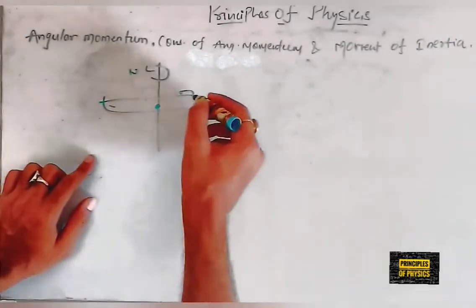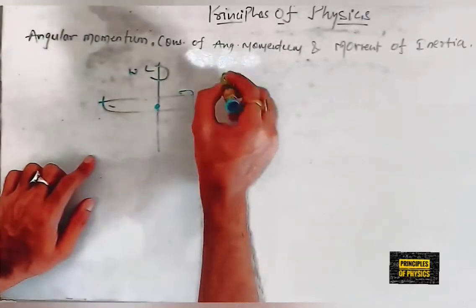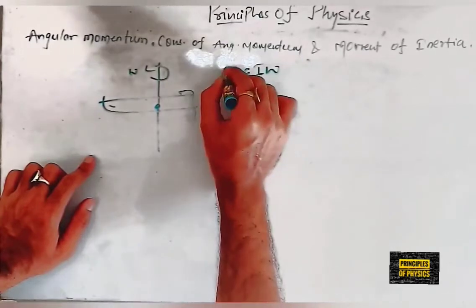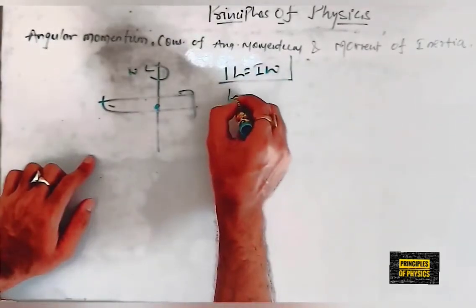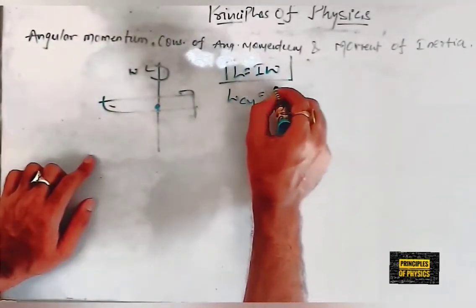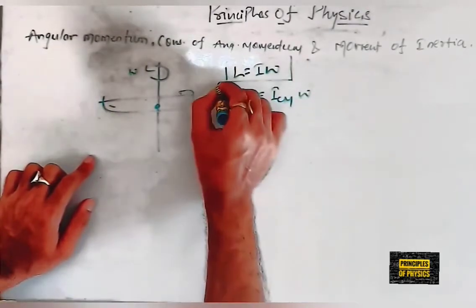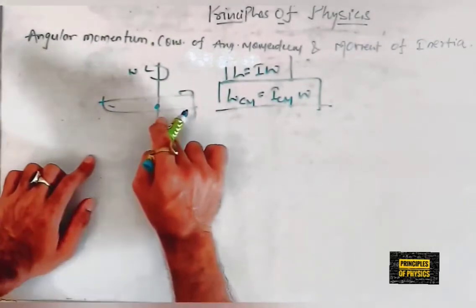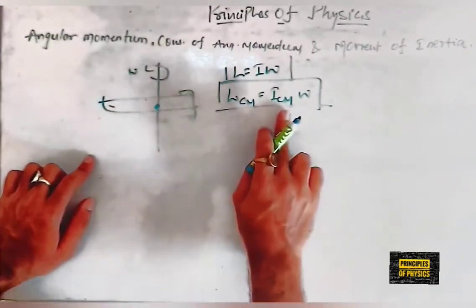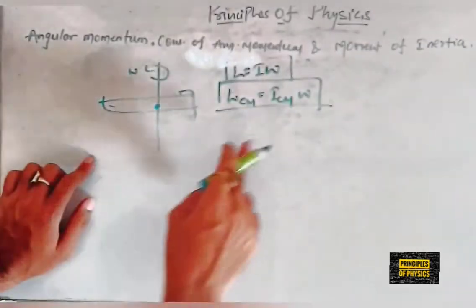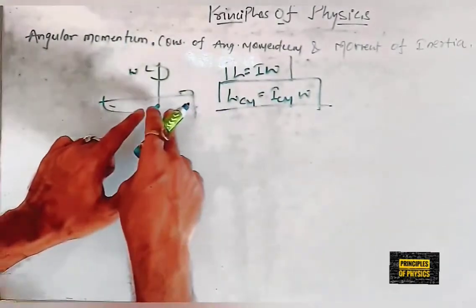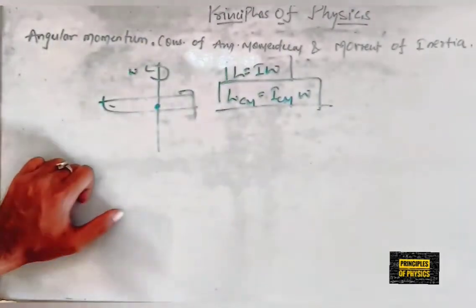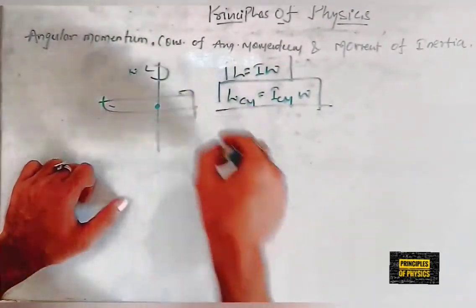In that situation, angular momentum is given by the formula L equals I omega, or we can say L_CM equals I_CM omega. L_CM is the angular momentum about the center of mass, I_CM is the moment of inertia at the center of mass, and omega is the angular velocity at which it is rotating.